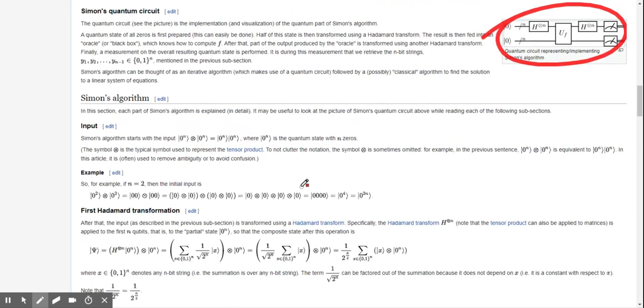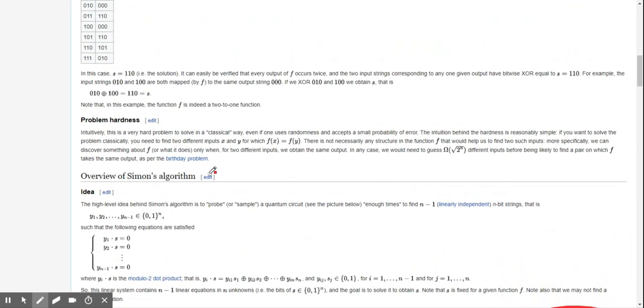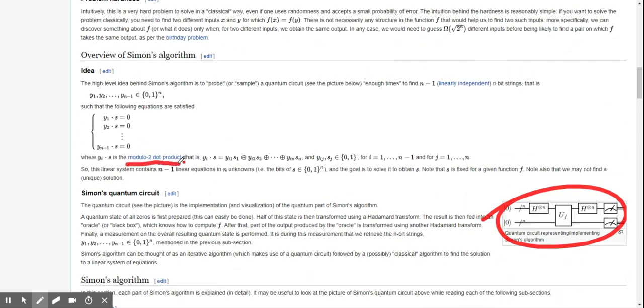This times s is the bitwise multiplication, and then XOR.